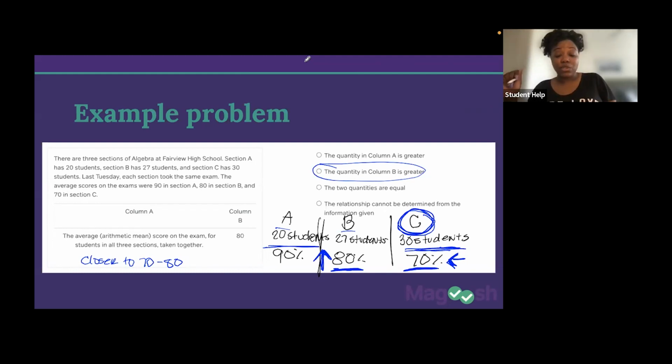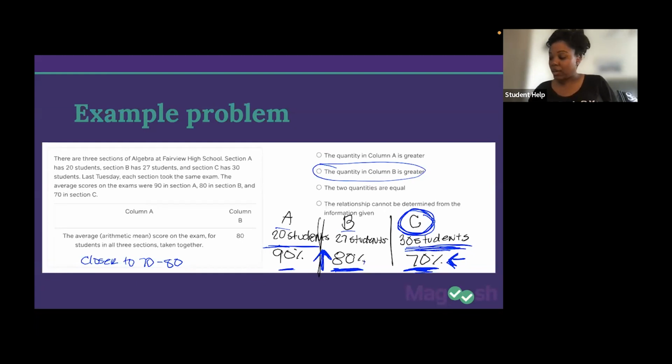Yes, combined you do, but you have to think about what the average is, right? When you're looking at the distribution of scores, you're going to have a whole bunch of 90s over here, a whole bunch of 70s over here, and the average in between is going to hover around 80, okay?